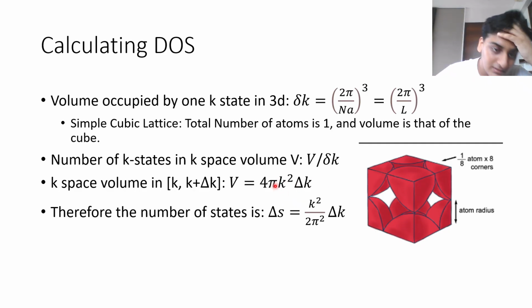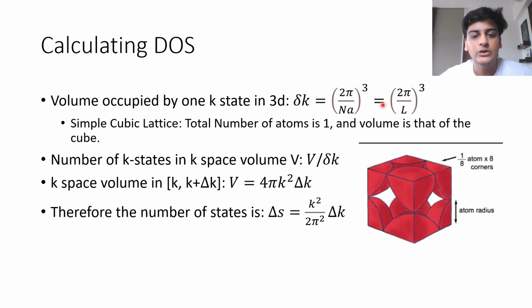So in this range of K and K plus delta K, you have this much volume, 4 pi K square delta K, and each K state occupies this much volume, (2 pi by L) whole cube.